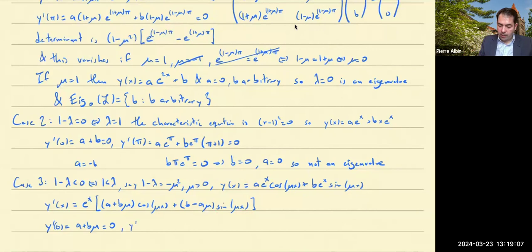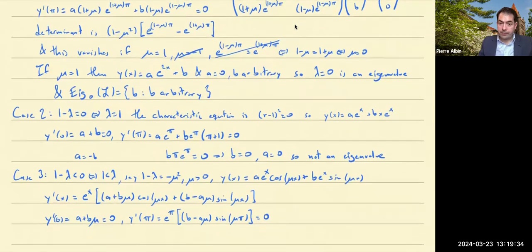And y prime of pi would be e to the pi times a plus b mu. Well, a plus b mu we've just checked is 0, so we can ignore that term. We're just left with b minus a mu sine of mu times pi equal to 0.